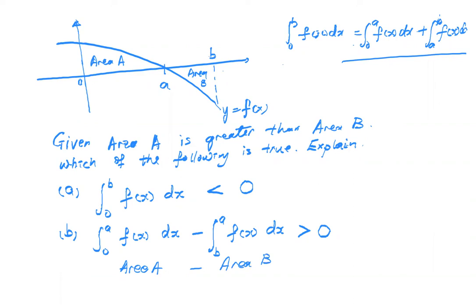Since area A is greater than area B, therefore it has to be greater than 0. Or you can just straight away say area A is greater than area B. So true. So you have to know how to recognize the definite integral.